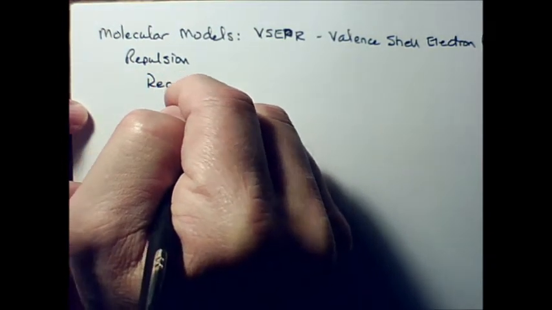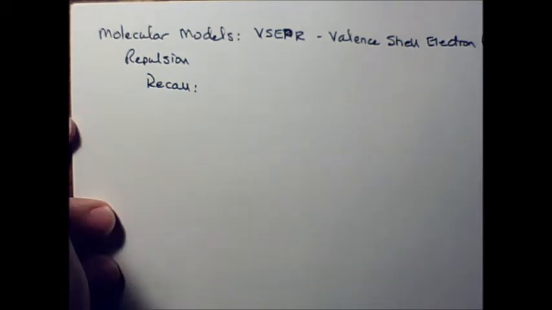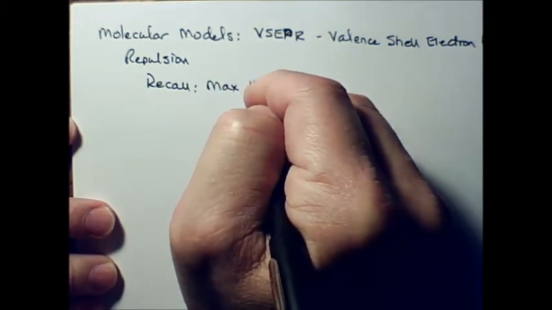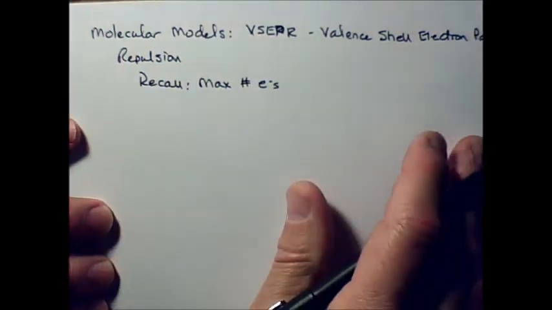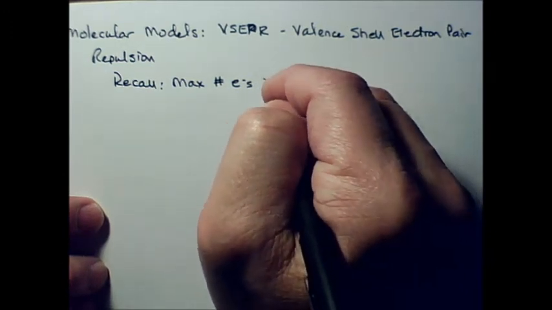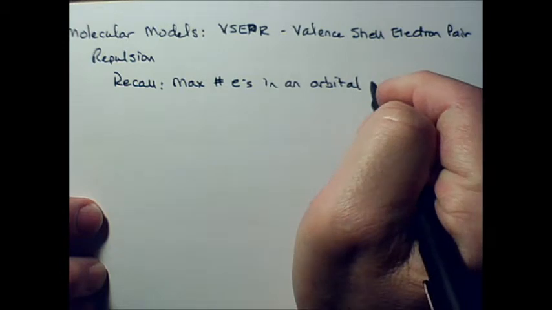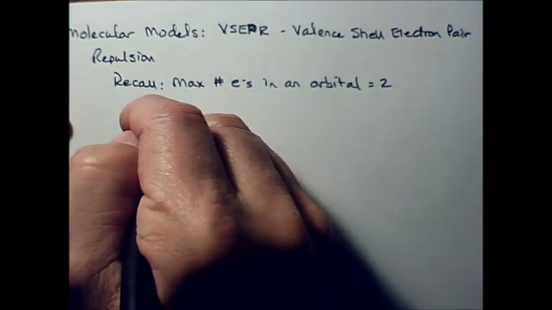To understand what's going on, you need to recall that the maximum number of electrons you can put in an orbital is 2, a pair. And we did orbital notation, for example, with oxygen.